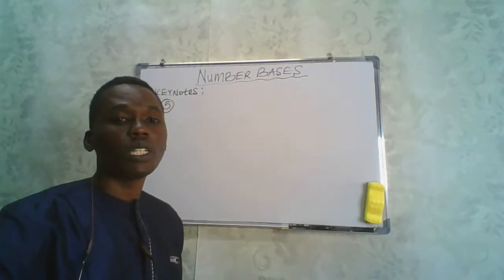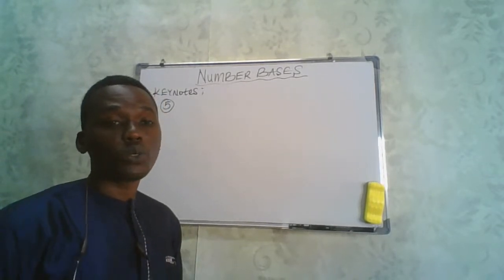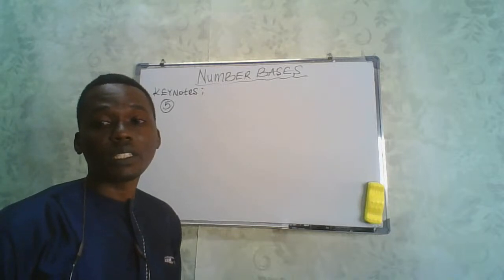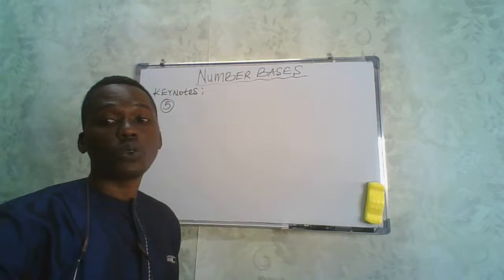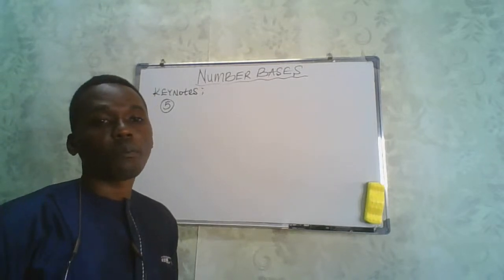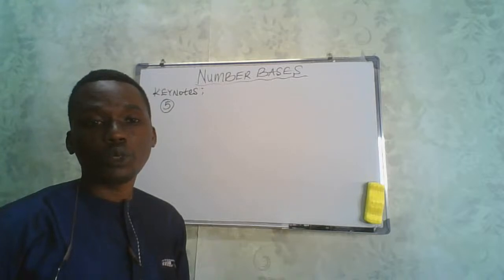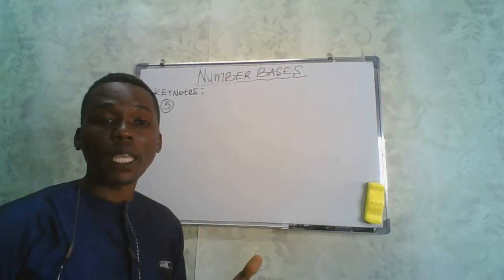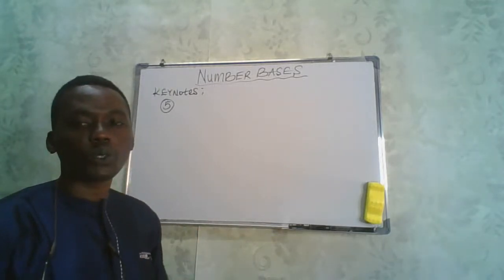Recall Keynote 2 has to do with conversion from other bases to base 10. And in Keynote 3, we talk about conversion from one base to another base. And that is what this example will show us.